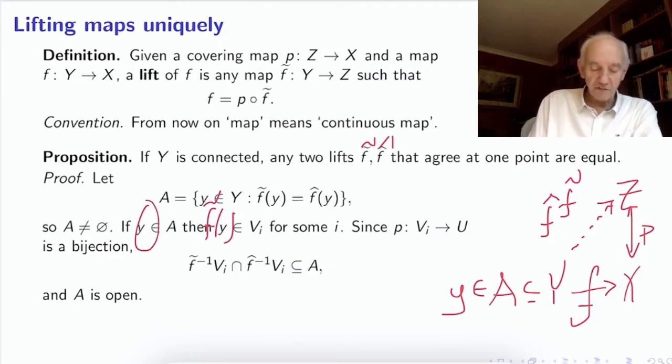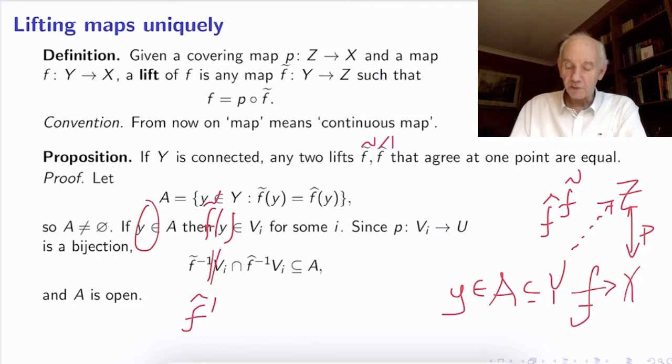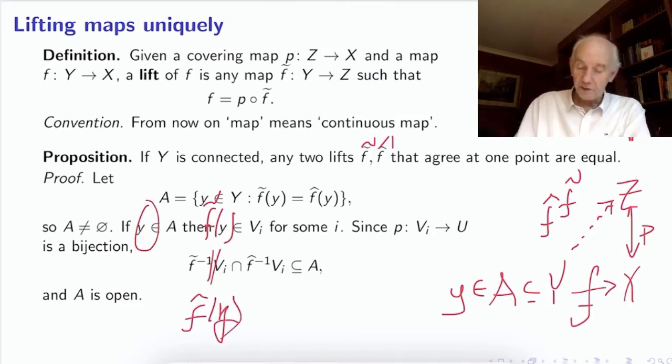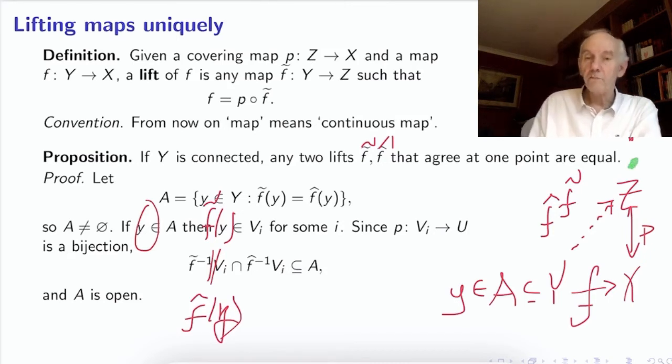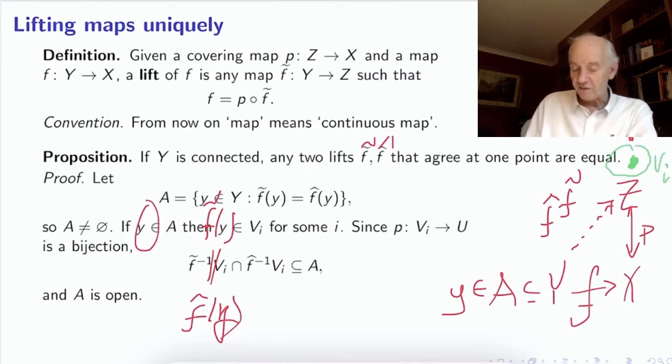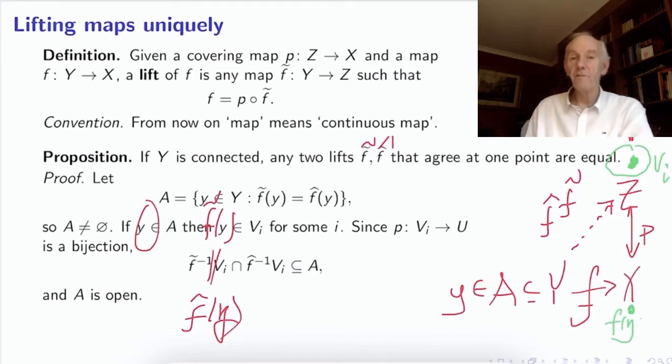So F tilde of Y is the same as F hat of Y. They agree at this point Y, so this point Y goes to a common point in Z, and that point will lie in some sheet V_i, which is homeomorphic to an open set of F of Y in X.